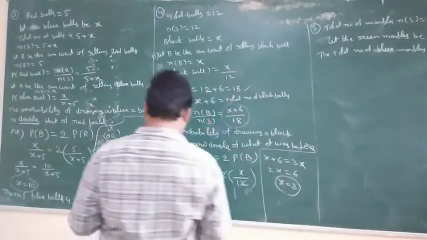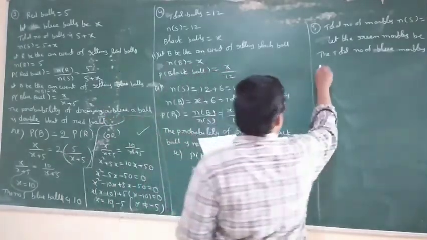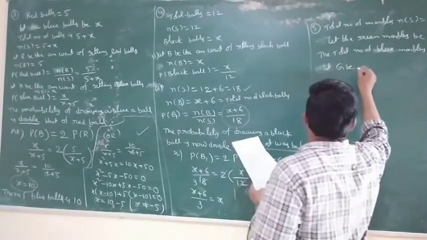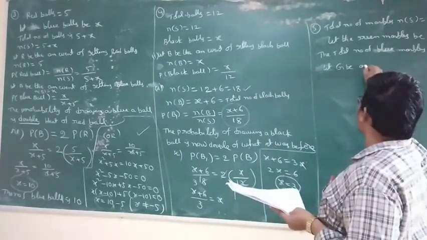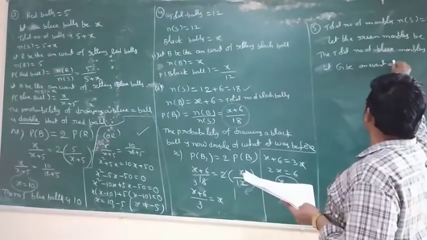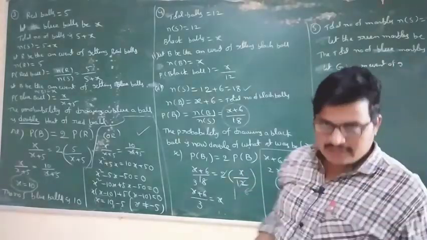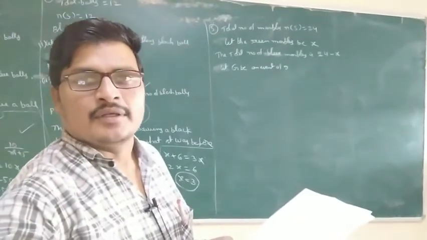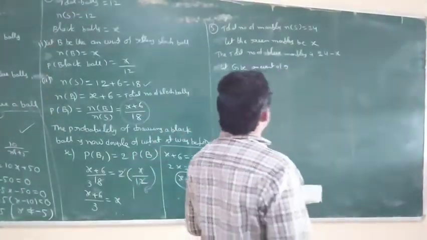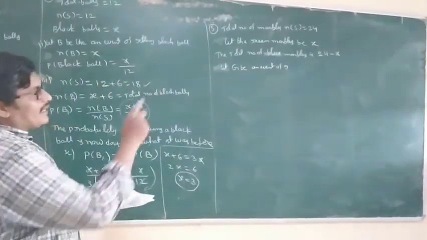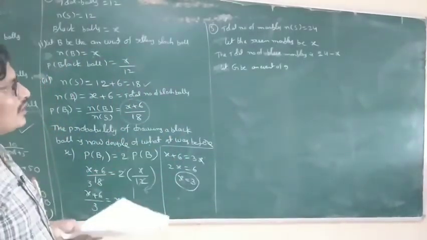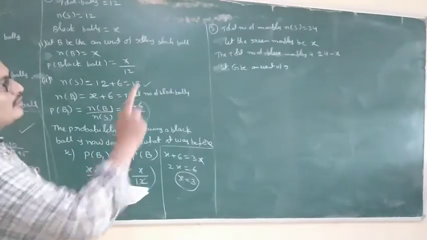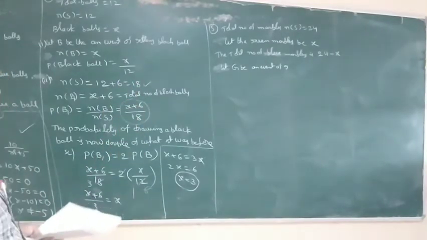24 minus x. So probability of getting green. Total number of marbles 24. In 24, x green marbles. In 24 marbles 2 colors are there, green and blue. So green, let it be x, and blue 24 minus x.